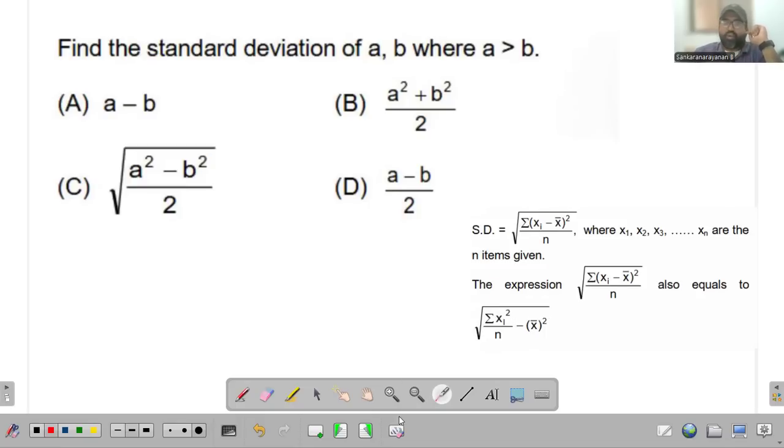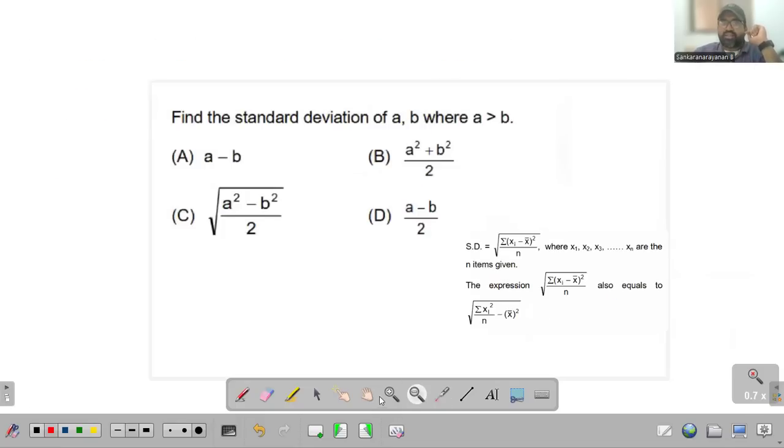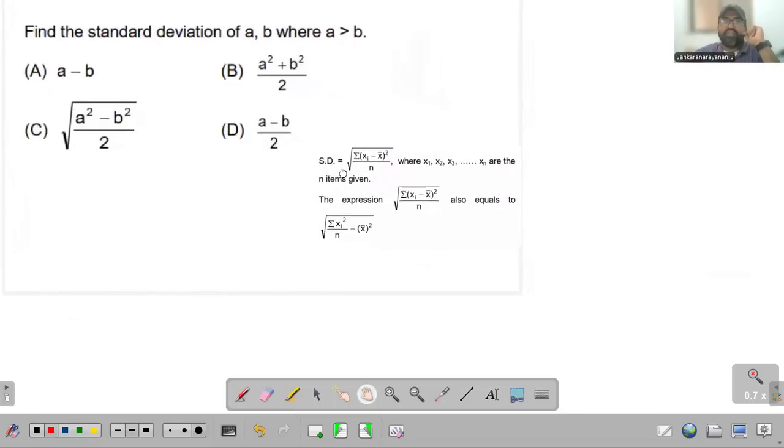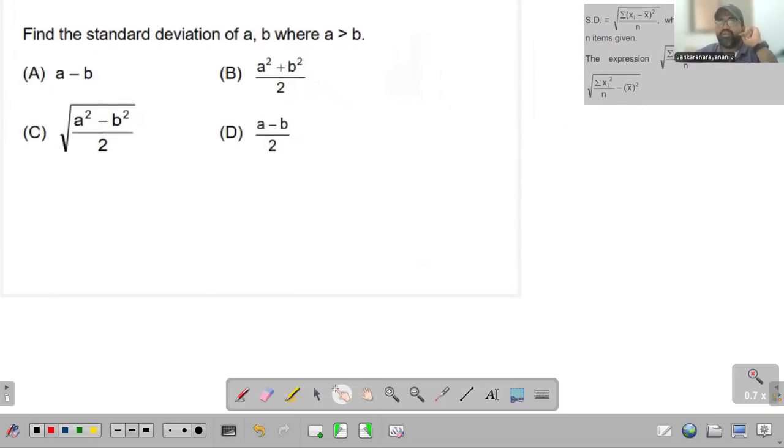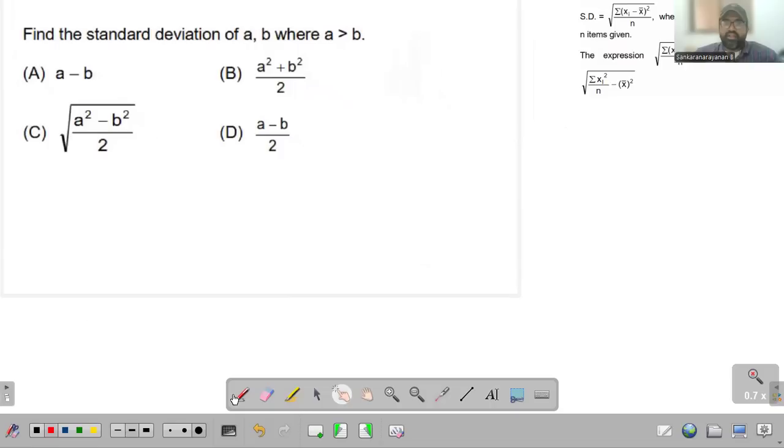Now, as far as our given question is concerned, let me keep this formula here. There are two observations, A, B. Let me find the arithmetic mean. The arithmetic mean is nothing but A plus B divided by 2.